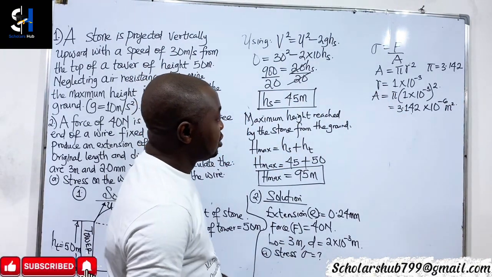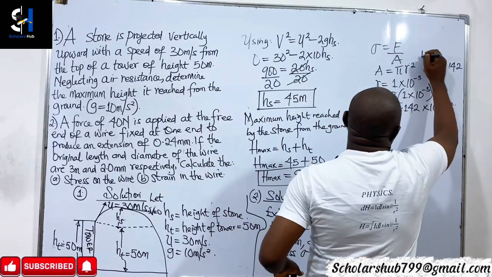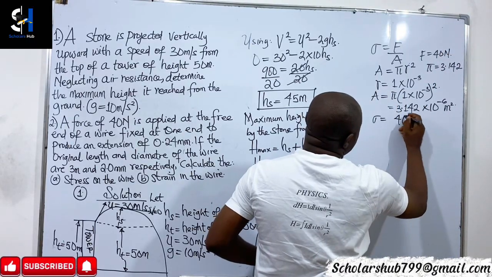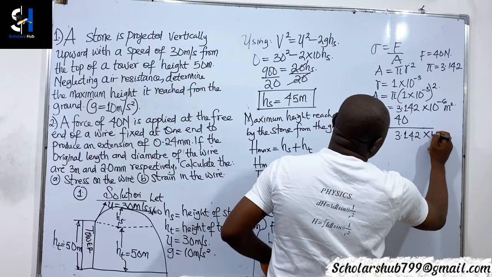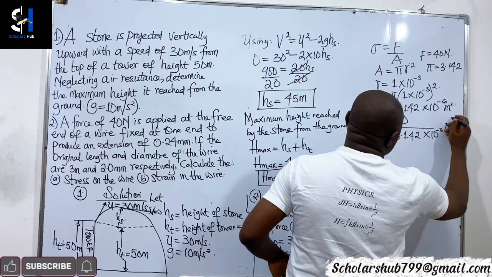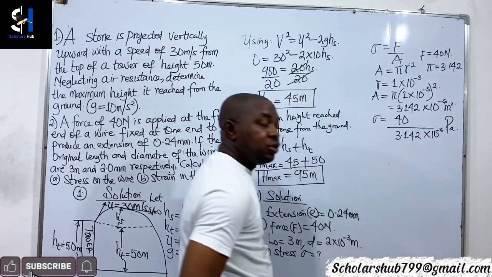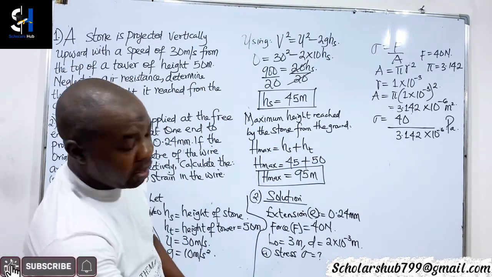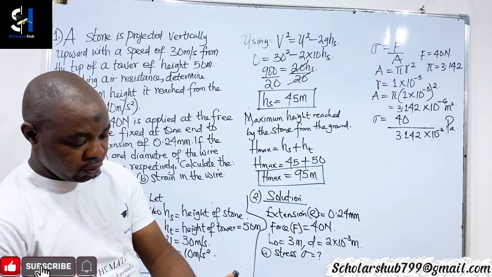So the stress will now be, let's not forget that force is 40 Newton. So this will be 40 divided by 3.142 multiplied by 10 raised to the power of minus 6. And this will be in Pascal. 1 Newton per square meter is 1 Pascal. So let's get the value of 40 divided by 3.142.